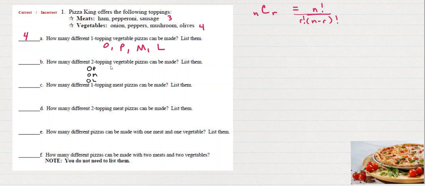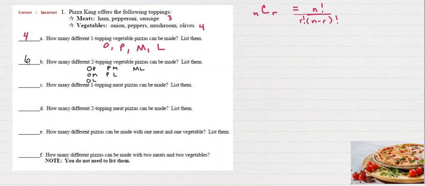And then when I move to starting with peppers, we could have peppers and mushrooms or peppers and olives. Notice peppers and onions is already counted, right? And then if the first topping is mushrooms, then I could have olives. So it looks like there's 1, 2, 3, 4, 5, 6 different ways to do this.